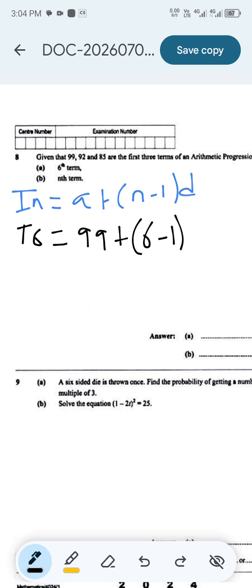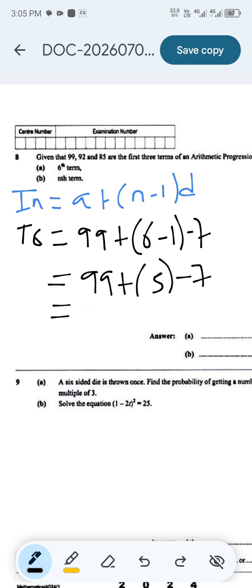So let's substitute the common difference, which is -7. We maintain the 99, then plus 6 minus 1. That's basically 6 minus 1, that is 5, then multiplied by -7. So 99 plus 5 by -7, that is -35.